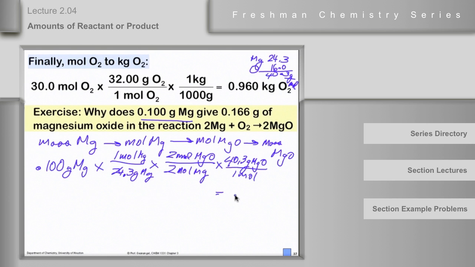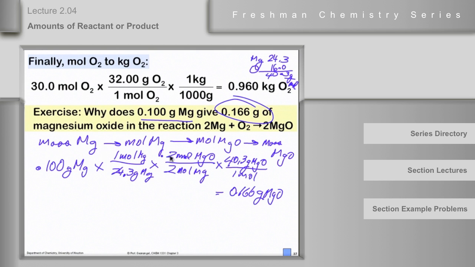Anybody got it? 0.166? 0.166. Okay. And this is, what are the units of this? Grams? Magnesium oxide. Well, that's what the problem asks us to check.